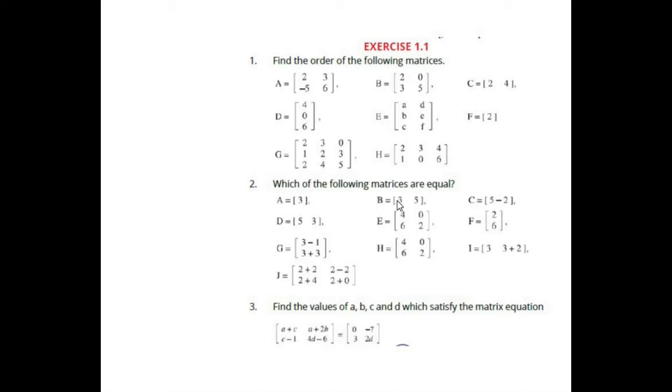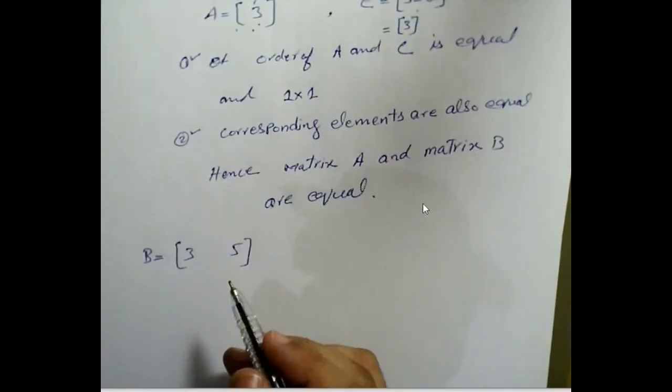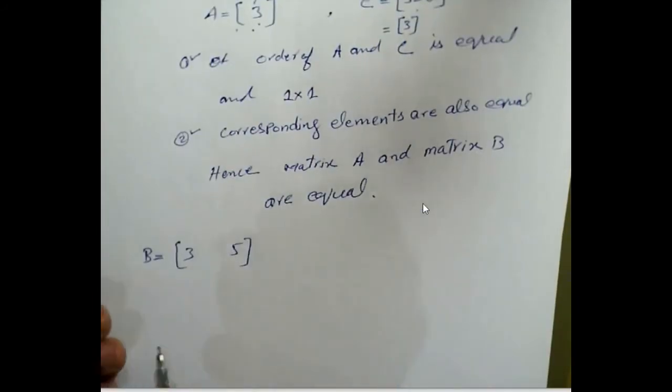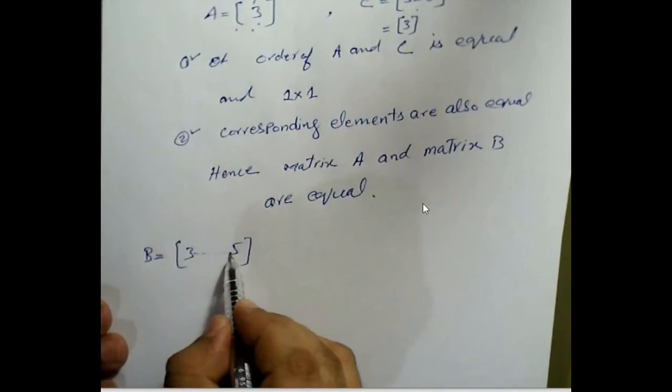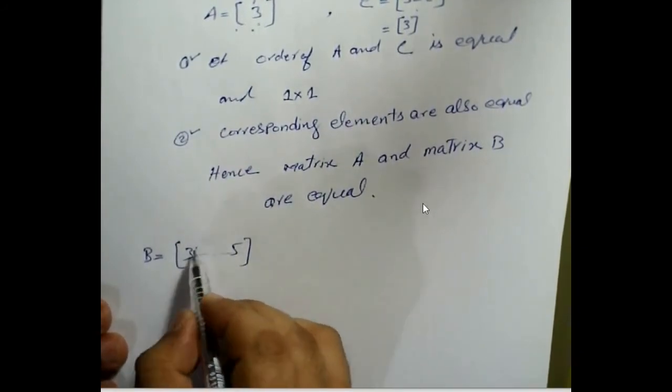Matrix B has 2 elements, that is, 1 row and 2 columns. The order of matrix B, as you see, there is 1 row and 2 columns.